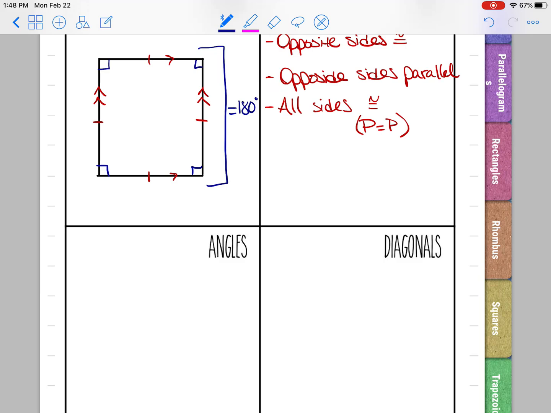So let's go ahead and jot all that down. Opposite angles are congruent. We know that the angles equal 90 degrees.